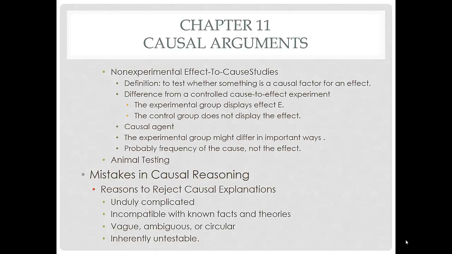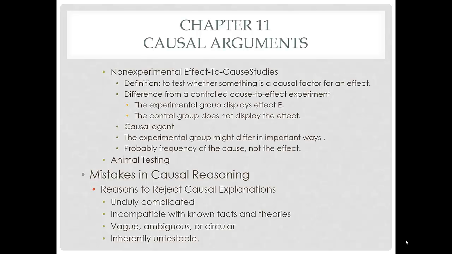So the difference between the non-experimental effect-to-cause study and an experimental, controlled cause-to-effect experiment is this. First, the experimental group already displays the effect. The control group doesn't display the effect, and you're trying to sort the difference between them to find the cause. So at the heart of it, two main differences.